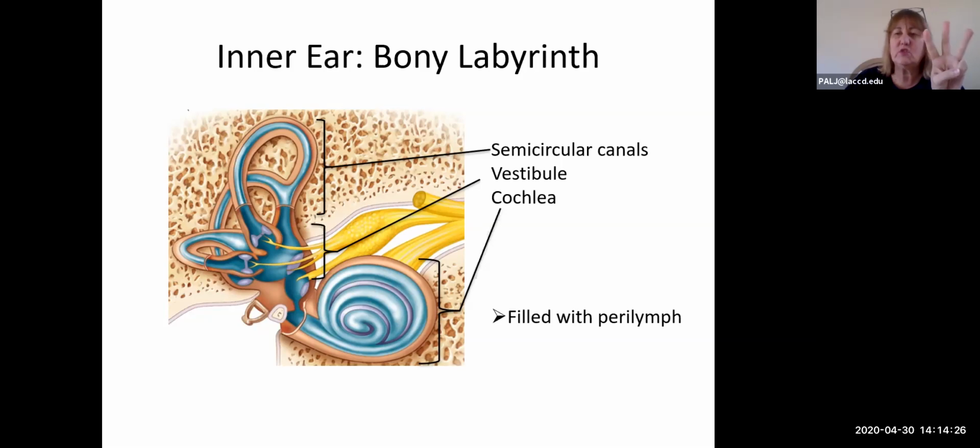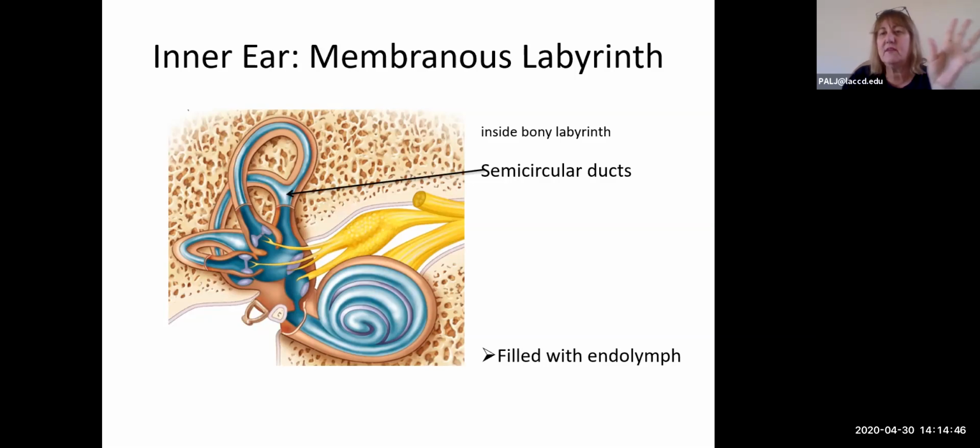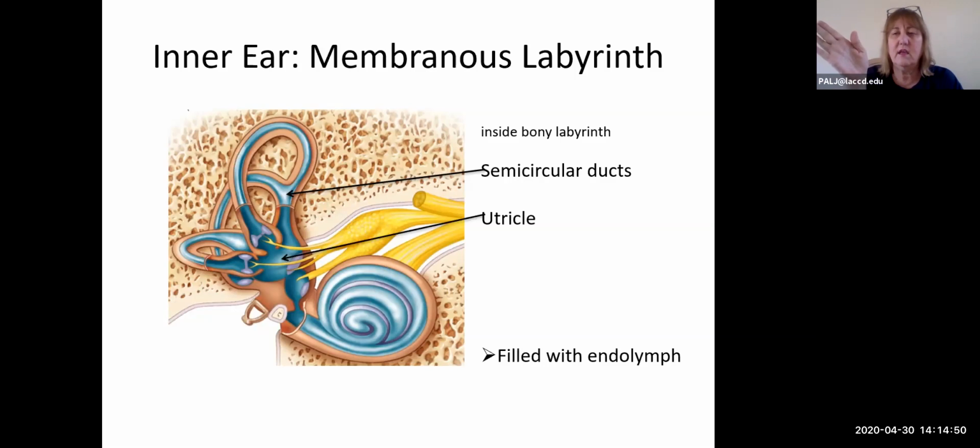Inside these three structures of the bony labyrinth, we are going to have the membranous labyrinth, but there are 4 structures to the membranous labyrinth, okay? All of these structures are going to be filled with endolymph. Inside the semicircular canals, you're going to have semicircular ducts. Inside the cochlea, you're going to have a cochlear duct.